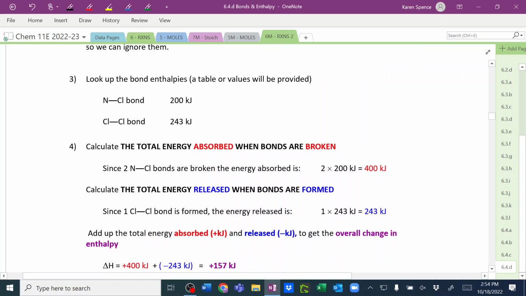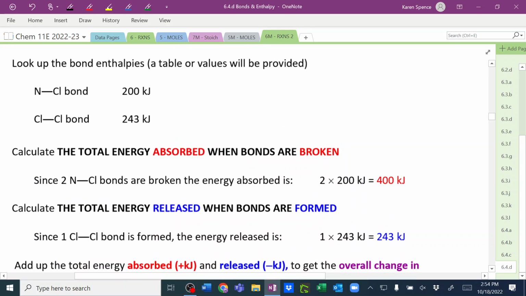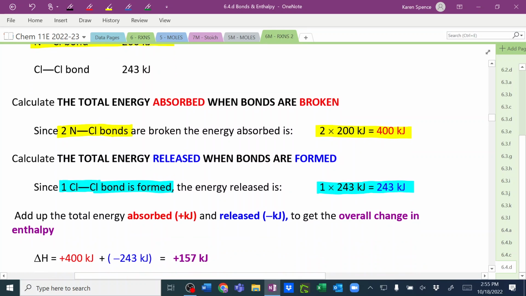So if we break two of those, it's going to be 2 times 200 kilojoules. And if we form one ClCl bond, then we release only 1 times its value, which gives us 243 kilojoules.